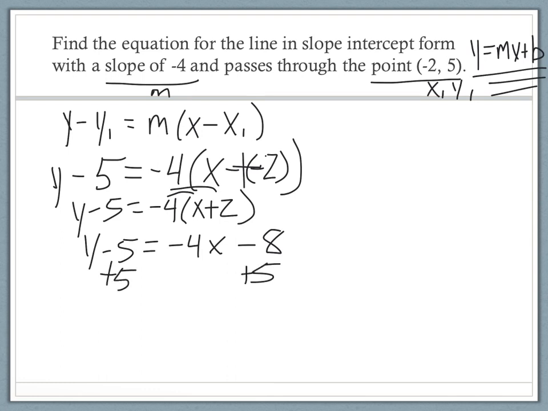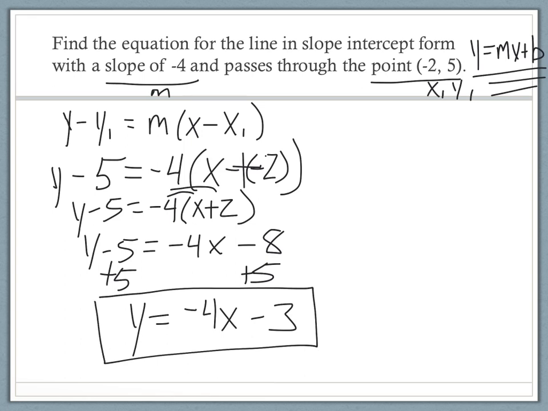Now notice I'm not going to do it to the 4, just the one that it can combine with. So I have y equals -4x, -8 plus 5 is -3. I have y by itself. So if I look, I have y equals m is -4, x plus my b would be -3. So it looks kind of like that slope-intercept form, but just with numbers for your m and your b.